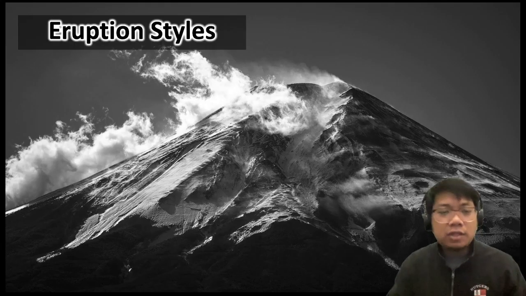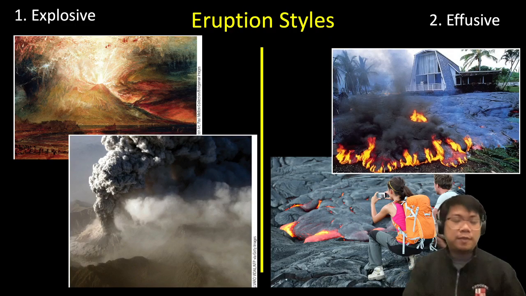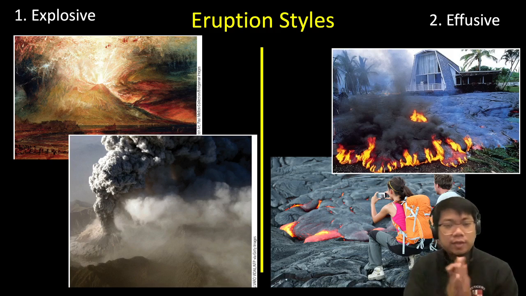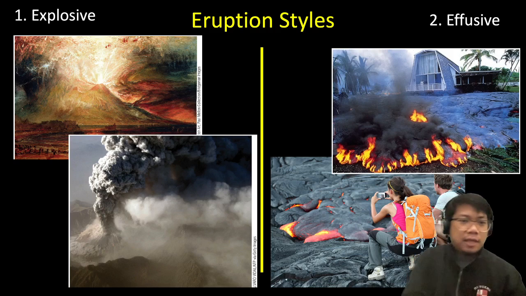All right, let's go ahead and talk about eruption styles. There are two eruption styles that I would like to focus on in this course. If you are interested in learning more about volcanoes, there's actually a lot more detailed classification of eruption styles of volcanoes. But again, for this course, I would like to make it quite simple. So I want you to know that we have the explosive style, and the second one is called the effusive style.